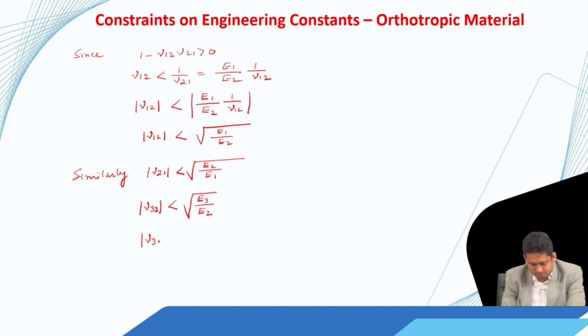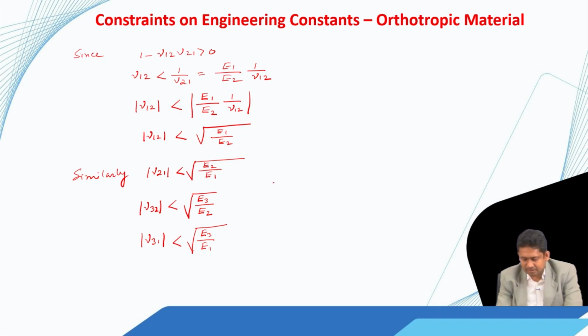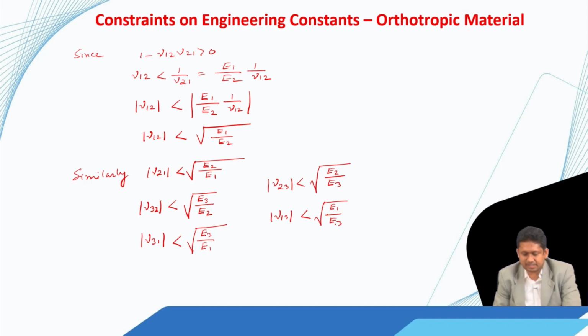We have ν31, and its absolute value should be less than the square root of E3 by E1. Other terms, ν23, its absolute value should be less than the square root of the ratio of E2 and E3, and likewise the absolute value of ν13 should be less than the square root of the ratio of E1 and E3.